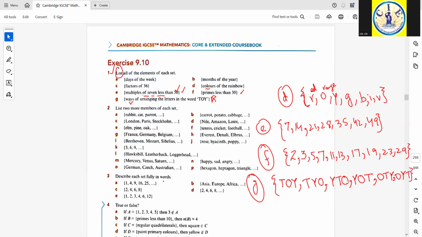So these are the six possibilities to arrange the letters of the word TOY, making either T, Y, or O at the first place and shuffling the other two elements. So this is how this question is to be done.